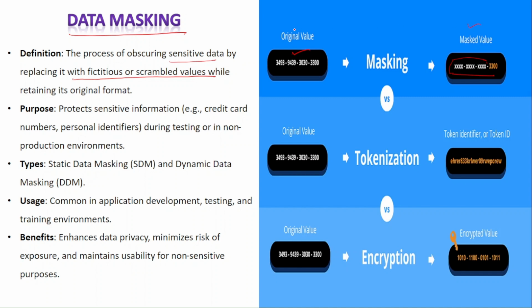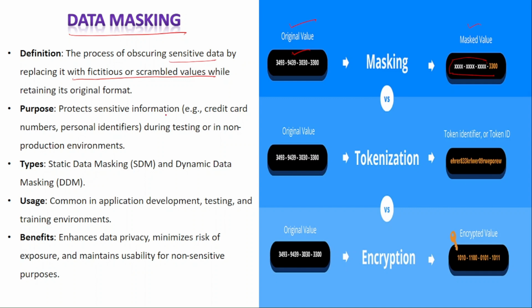This is the masked value and this is the original value. You must have seen this on websites or e-commerce websites. When you input your credit card number, usually the last 4 digits are visible while the rest is masked. Similarly, when you input your password, it is masked with these static characters.